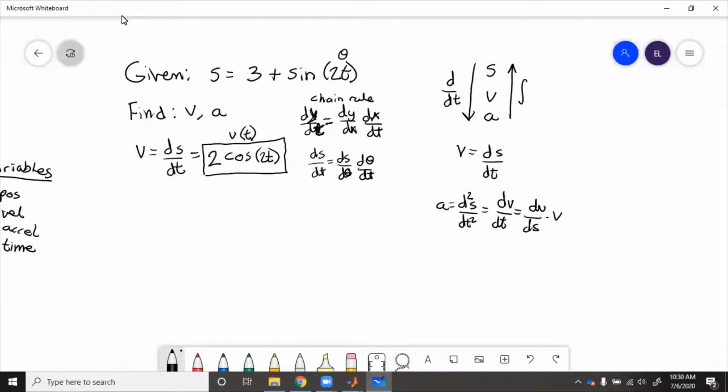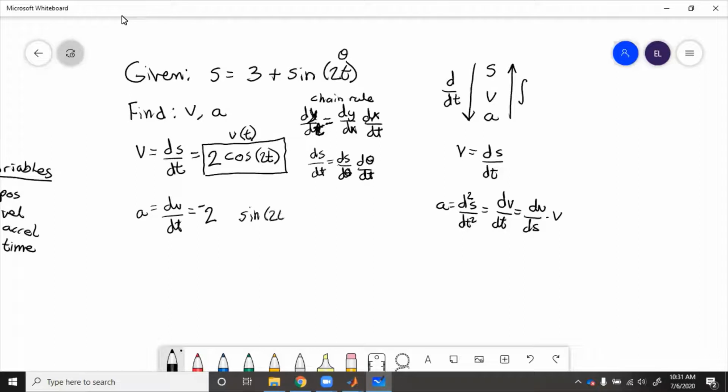So now to get acceleration, we need to go one more down, so we can just take derivative again. We have the velocity equation, we have time, so we can use a equals dv dt. So we have this 2, and then the derivative of cosine is minus sine. I'll put the negative out here.